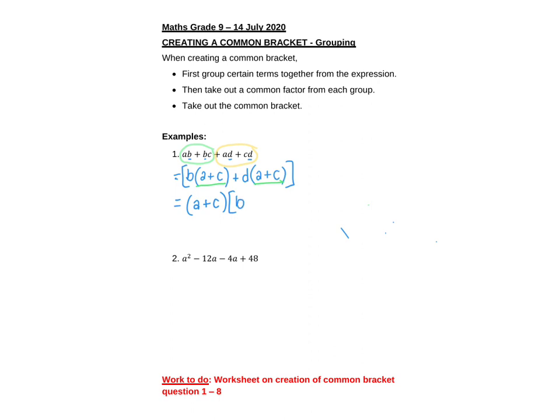We have divided by A plus C, and now remaining in the first term would be B, and in the second term would be positive D, so plus D. And that is your fully factorized expression.